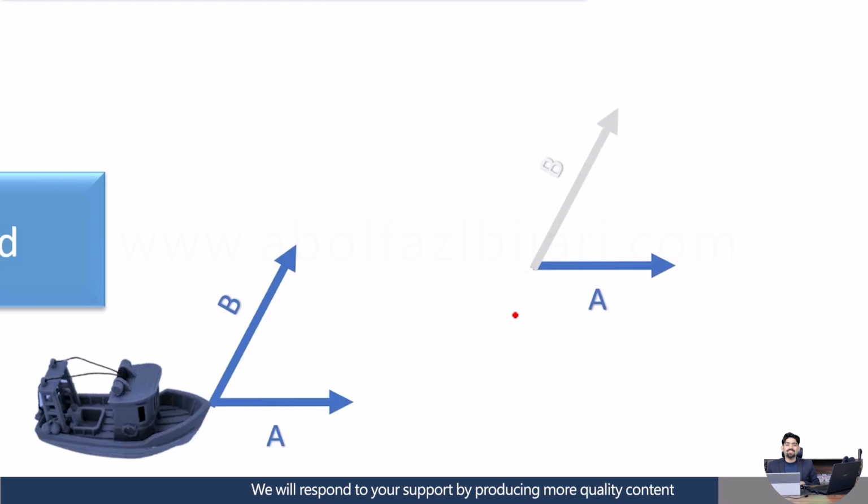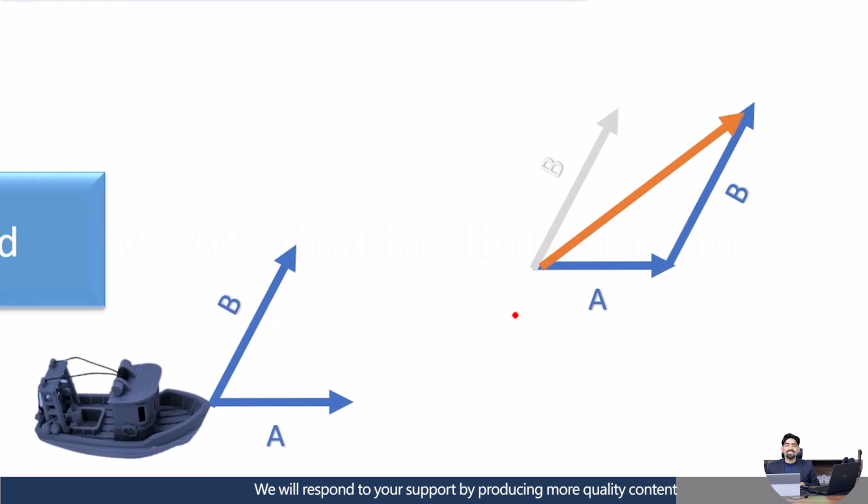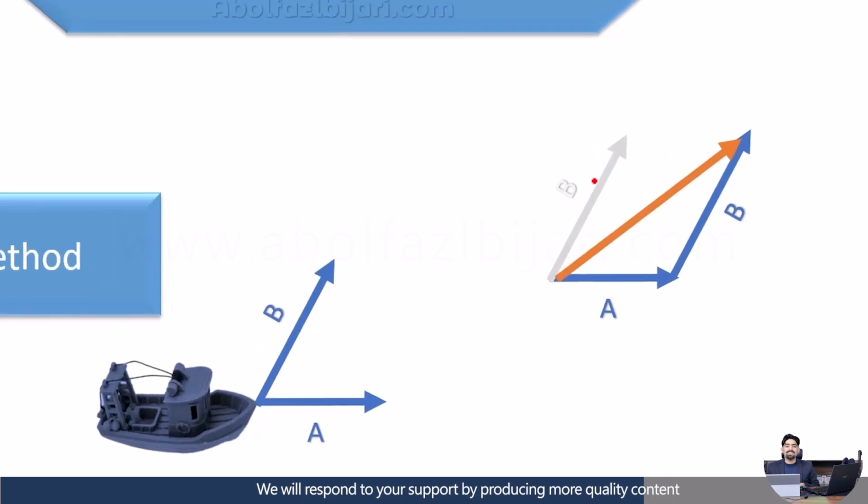We draw vector B from the end of vector A. In other words, head to tail, tail to head. After that, we draw a vector from the beginning of vector A to the end of B. The last vector is the resultant vector.